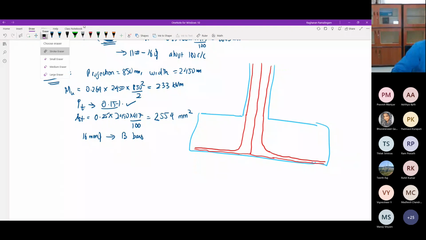Actually, I will move this up a bit, because it looks like there's no clear cover at all. That seemed like there was no clear cover, so that's why I slightly changed it.